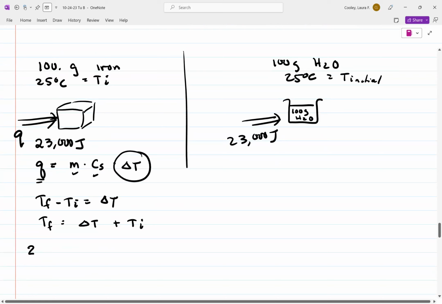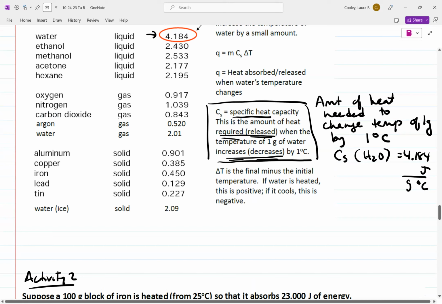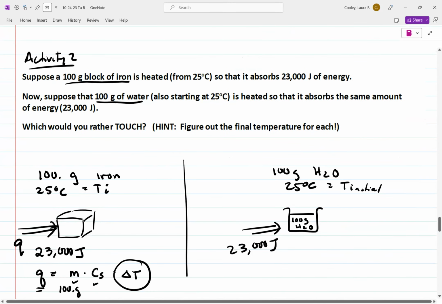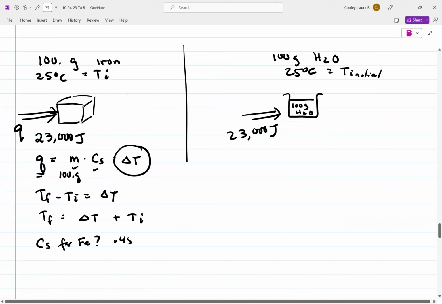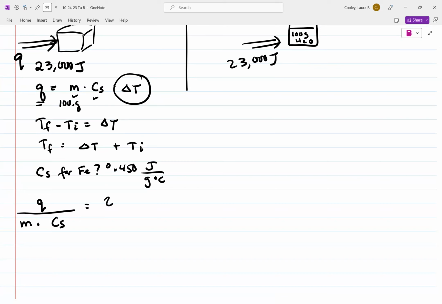Q is 23,000 and the mass is 100 grams. What is CS for iron? On the chart, it's 0.450 joules per gram degree C. I take Q and divide it by the mass times the specific heat: 23,000 joules over 100 grams times 0.450.